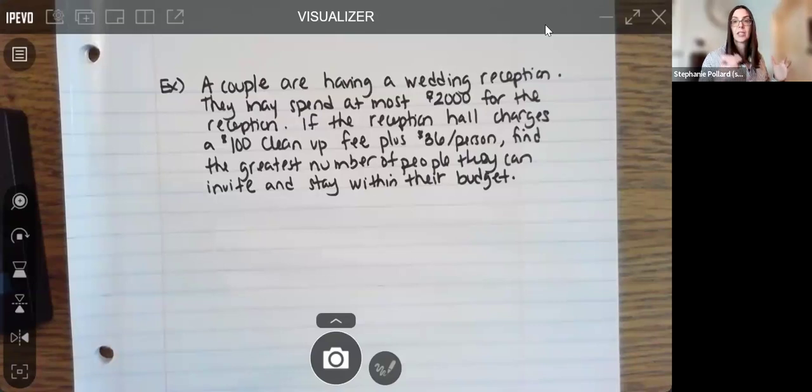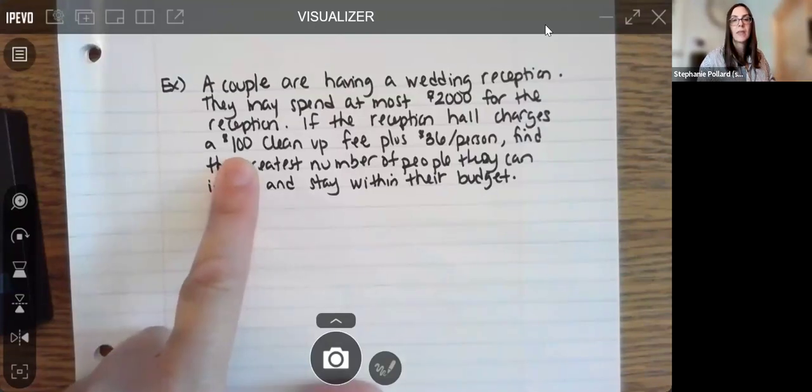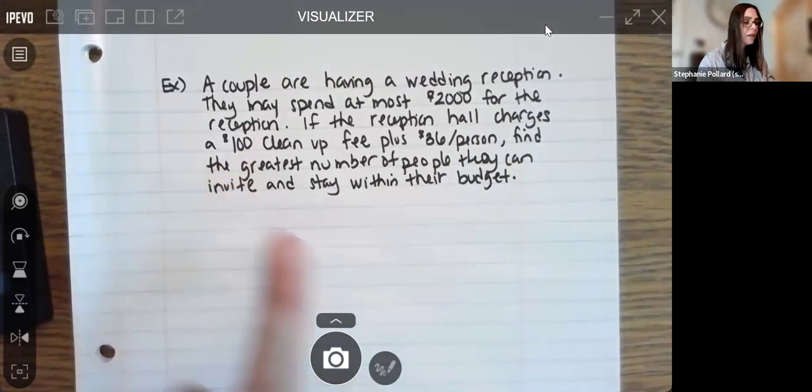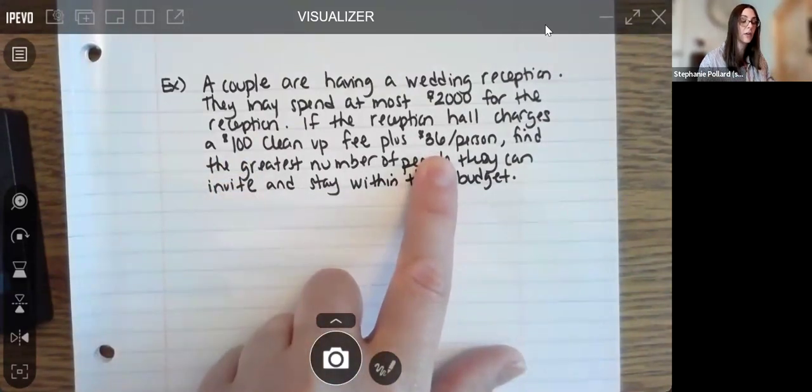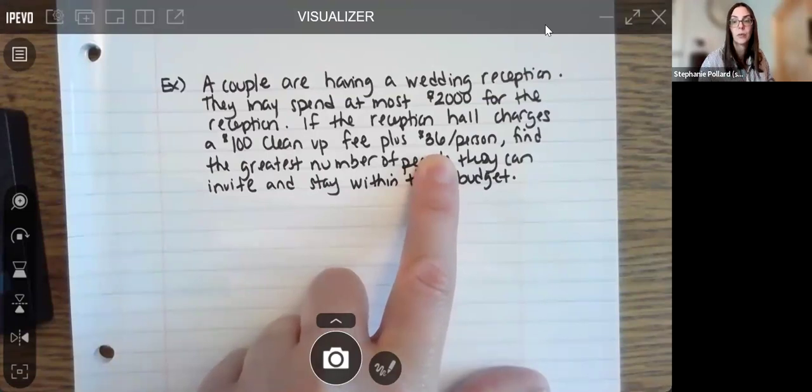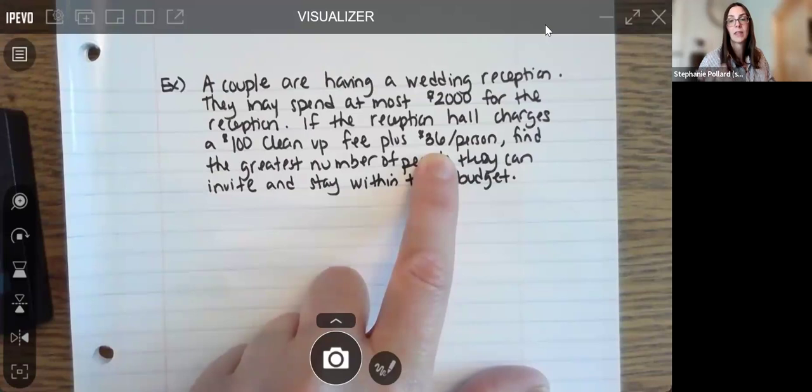Now, this is obviously a much simpler problem. If you've gotten married at all or had a big birthday party or something at a hall, it can get pretty complicated quickly. So here they have a fixed charge of $100. So maybe that's for cleanup or for a rental or something like that. And then here you could think of the $36 per person as probably what they're charging for food, right? So maybe you're doing a plated dinner or a buffet or something like that. And then that is your per food charge.